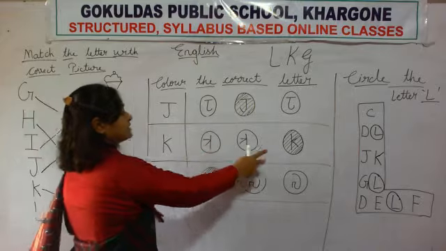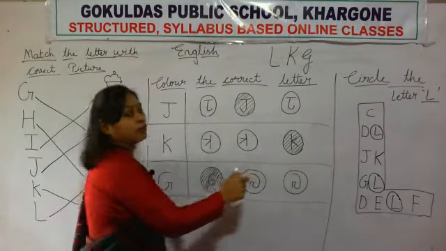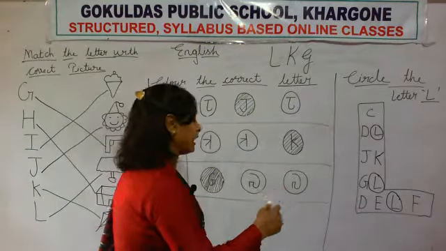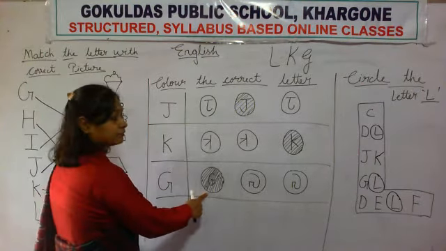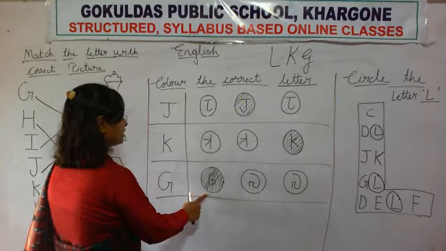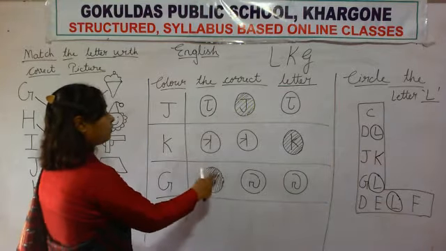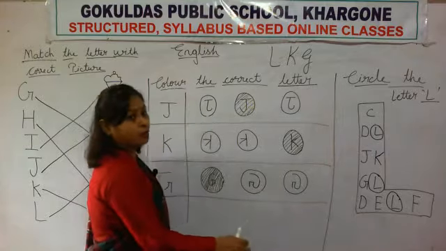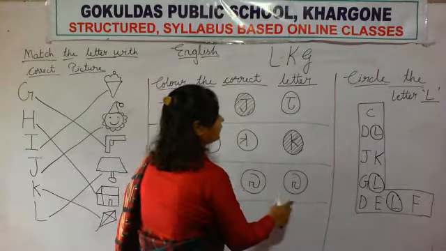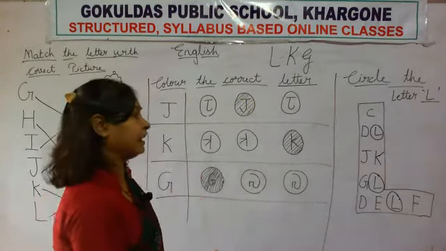No. This is same? Yes. So what we will do? We will color it. Okay, both the letters are same? G. This is G. Yes. So what we will do? Color. Both are same? No. So what we will do? We will not color it.